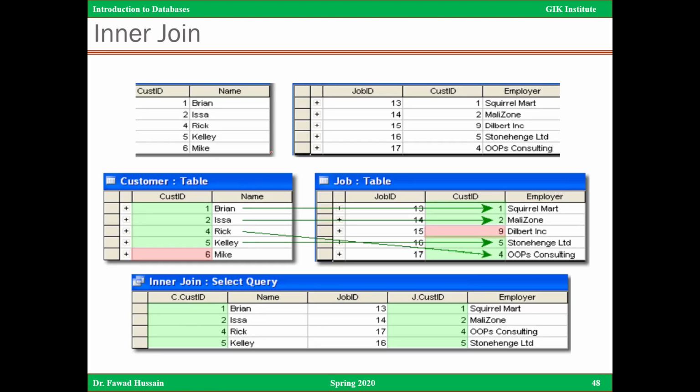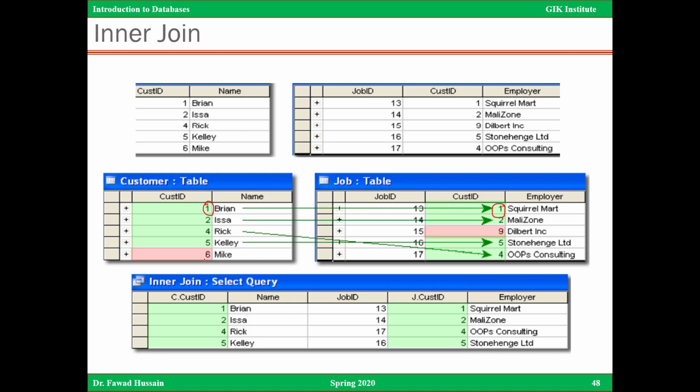To understand the inner join, as we said in the last slide, we have to find matching rows. If this is the customer table and this is the job table, and you have Brian over here with customer ID 1, and here the customer ID is 1, you have to match this customer ID with this customer ID.